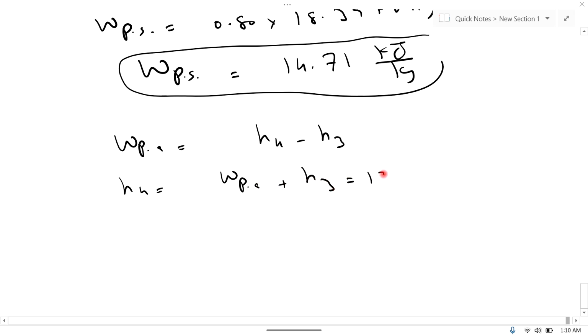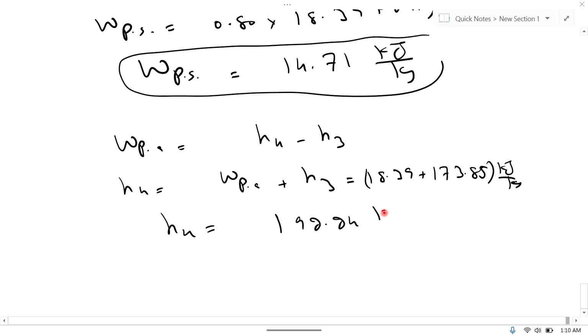The actual work of the pump is 18.39 kilojoule per kg and H3 is 173.85 kilojoule per kg. So H4 is equal to 192.24 kilojoule per kg.